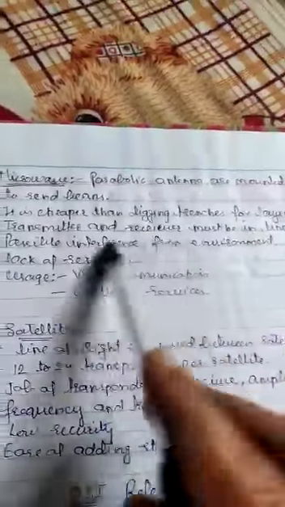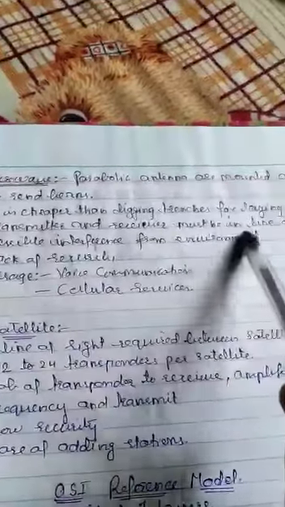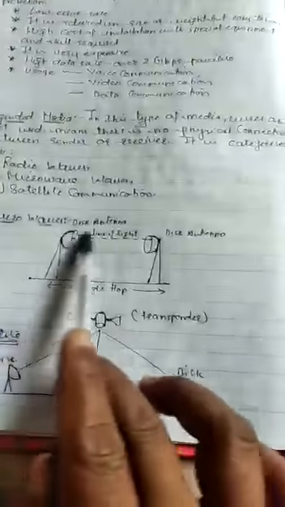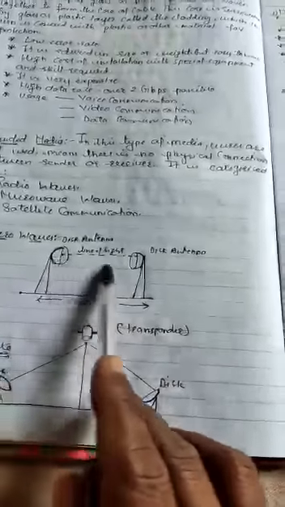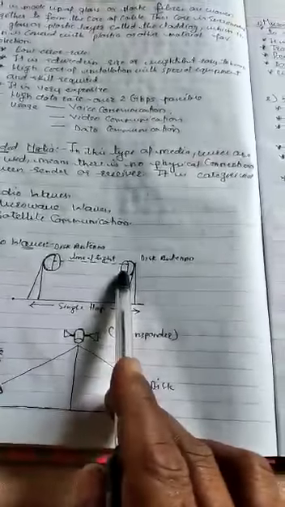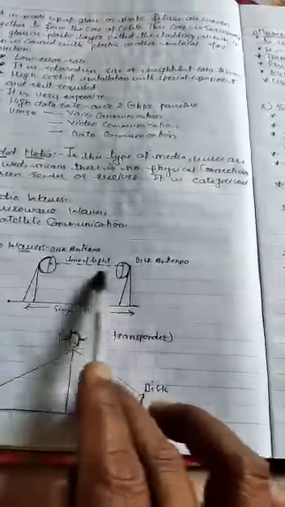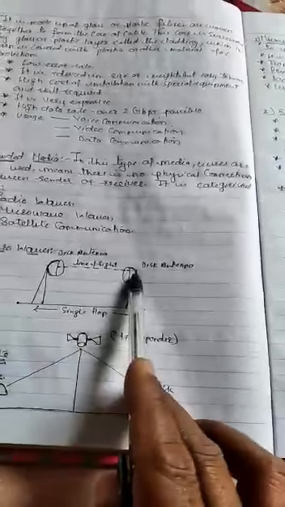Transmitter and receiver must be in line of sight. Line of sight is a straight line. So the parabolic antennas should be on the same line of sight, so that the message can easily be transferred in a straight line.